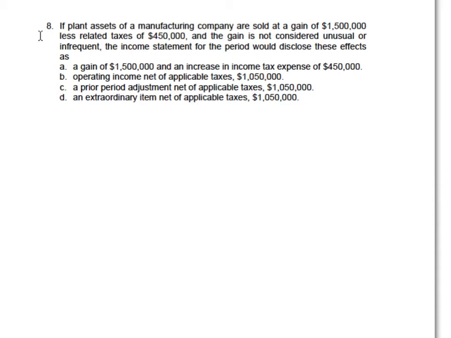This is all going to go as part of income from continuing operations, it would not, this is close, but it's not the best answer. This is the best answer.